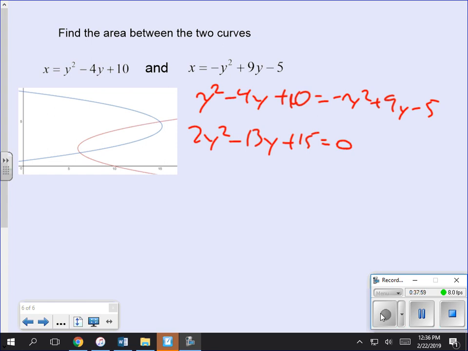You are required to know how to do 4 things on your calculator for the AP test. Graph an equation. Numeric derivative, numeric integral, use the solver. I have seen it on the AP test in the past where they give you 2 equations, and the only way you can find the point of intersection is by using the solver menu, or by graphing the 2 and seeing where they intersect.